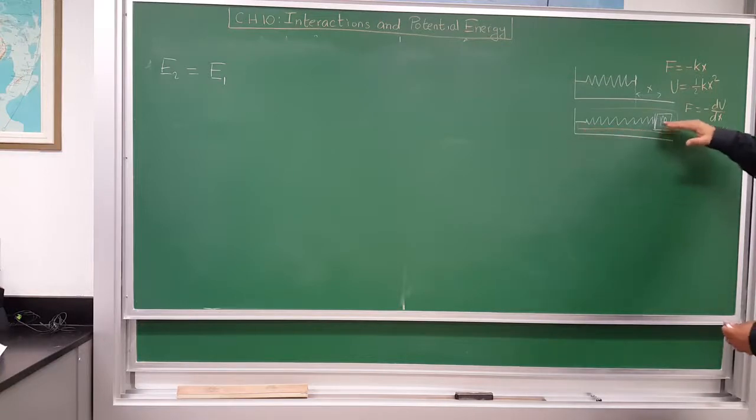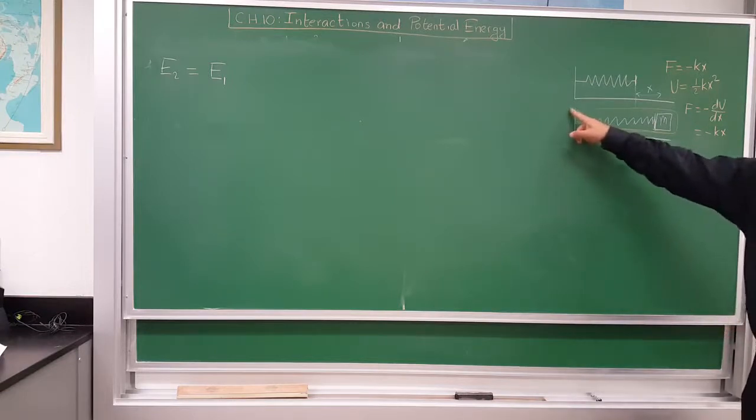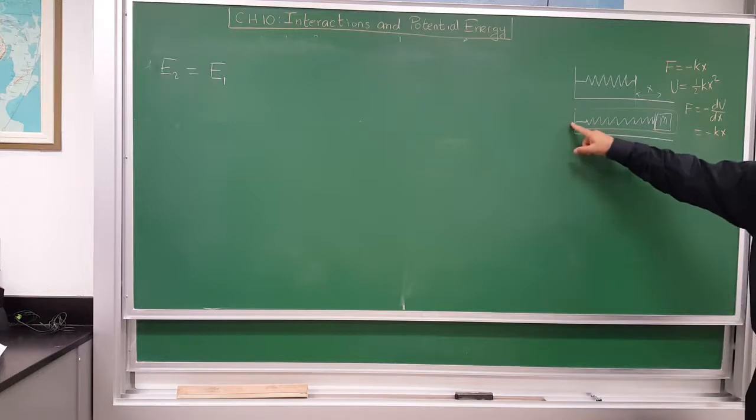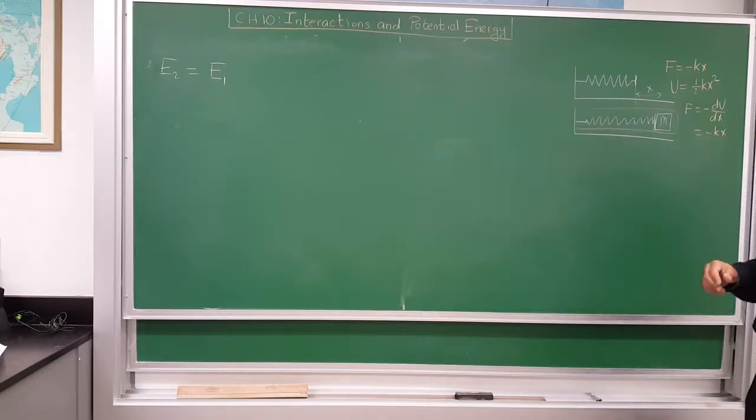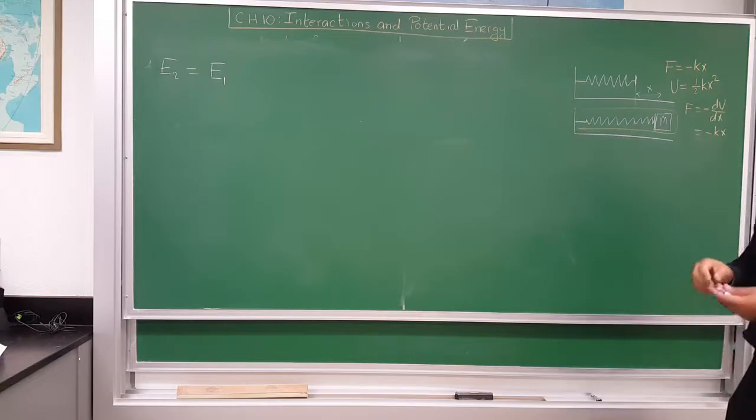There is normal force if the mass is sliding on this frictionless surface. So there is normal force, but the normal force is perpendicular to the motion, and so it's not doing any work. Another external force is the force of the wall on the spring, because the spring is attached to the wall. That's a non-zero force, but it's not doing any work. Why not? Think about it. Why isn't the wall, which is attached to the spring, doing any work?